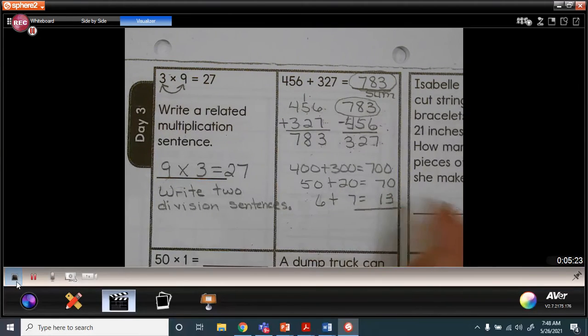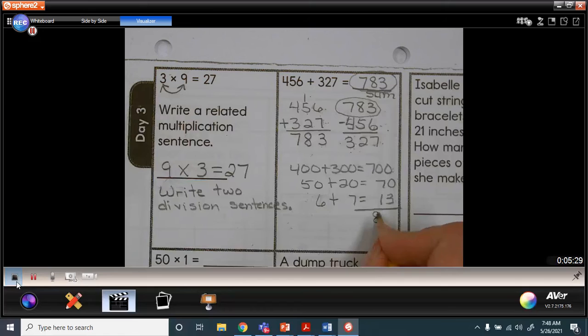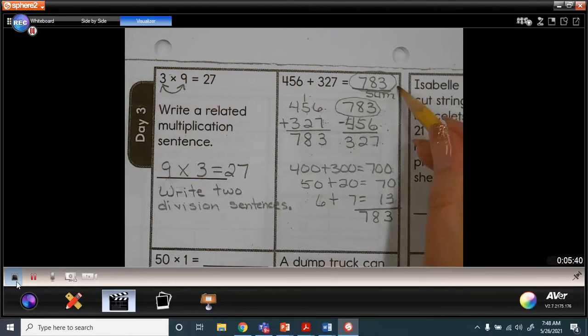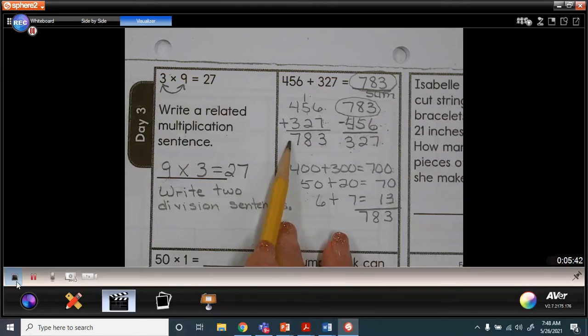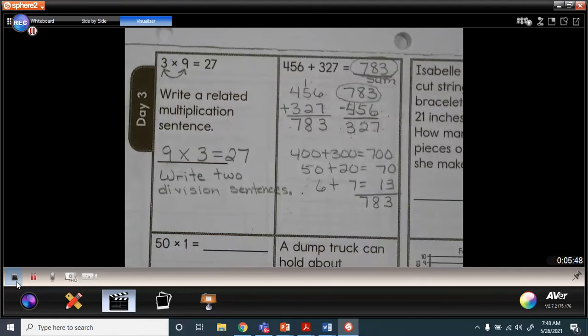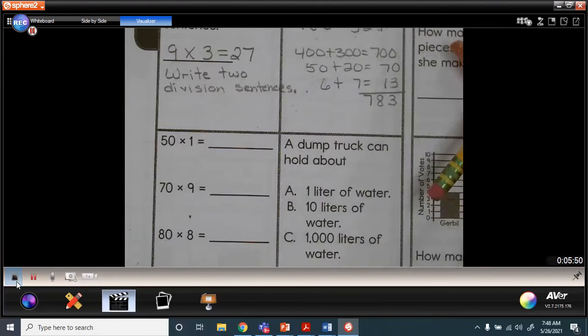Now, when I take these place values and put them back together, that 70 and that 10 are lined up here together, and I don't have any 1s, so that's 3, and I have 7 hundreds. So again, 783 is my sum. So I used the algorithm, and I used taking it apart by place value, the break apart strategy. All right, let's take a look at our next problems.